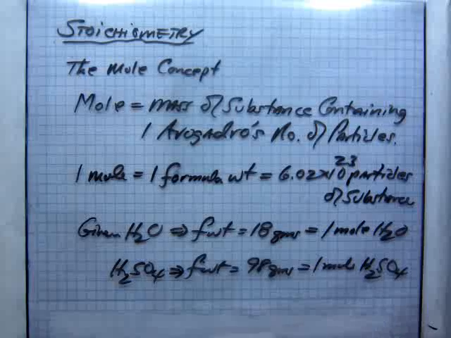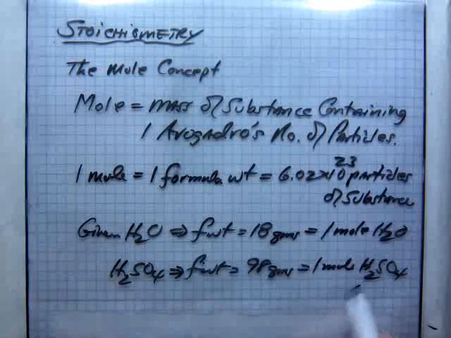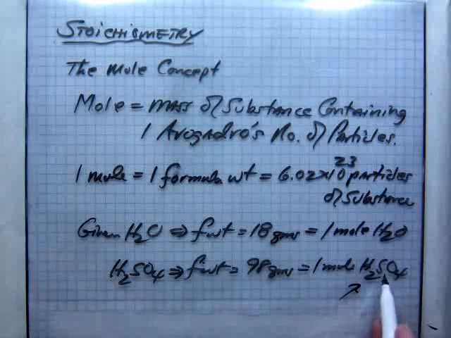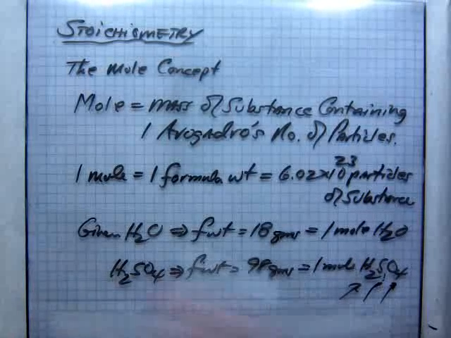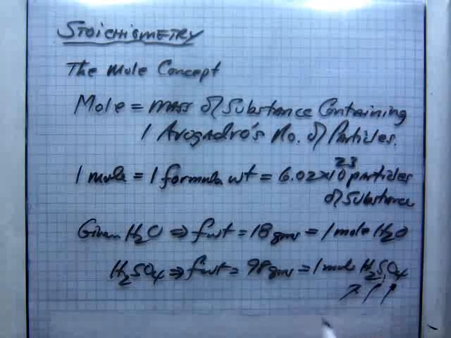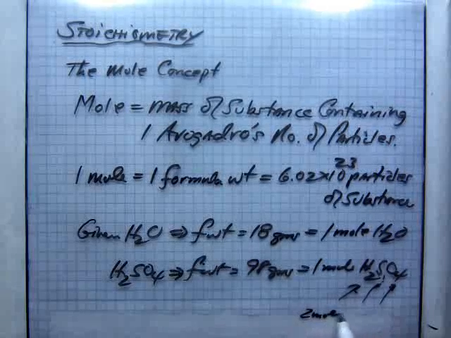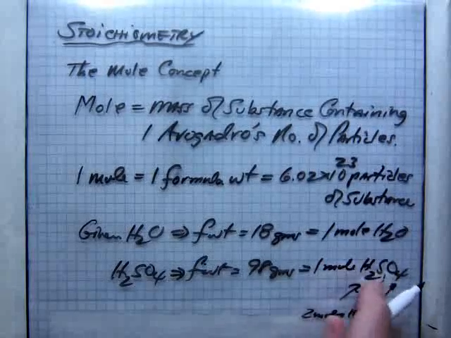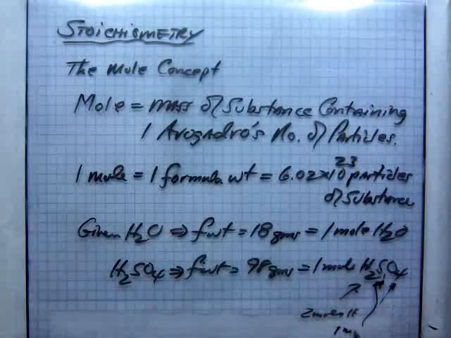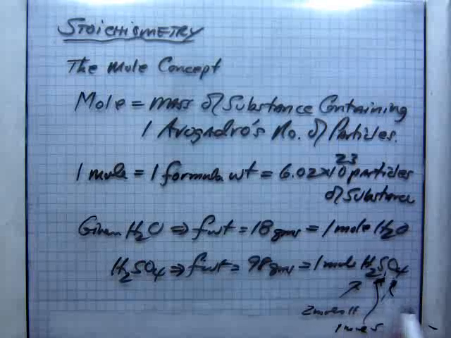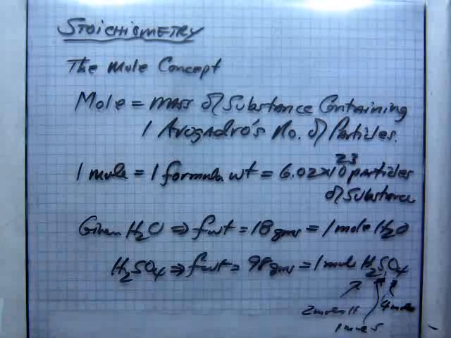Also, just to review, the subscripts, and that includes the 1 for sulfur, define the multiples of the moles. So this is 2 moles hydrogen, 1 mole of sulfur, and 4 moles oxygen in that structure.